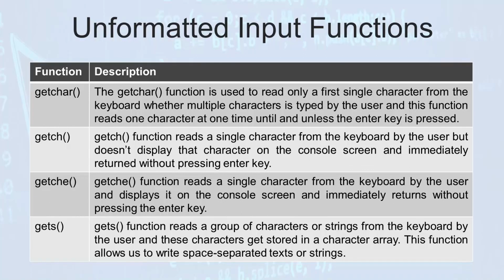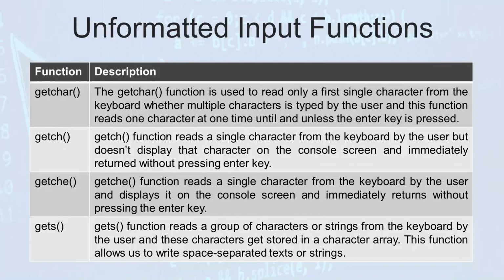Similarly, getch function reads single character from keyboard, but it doesn't display that character on console screen and immediately returns without pressing enter key. It just requires a character, not enter. In case of getche, it works like getch but with echo. E stands for echo.